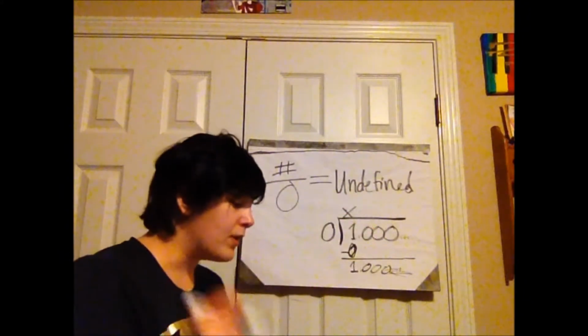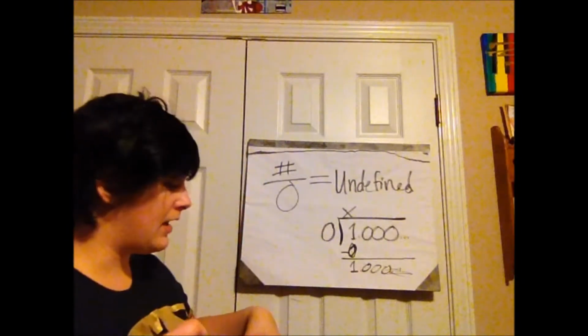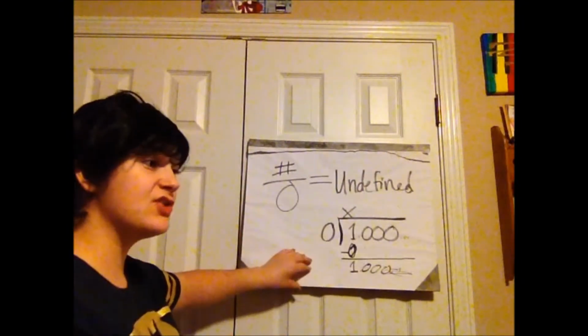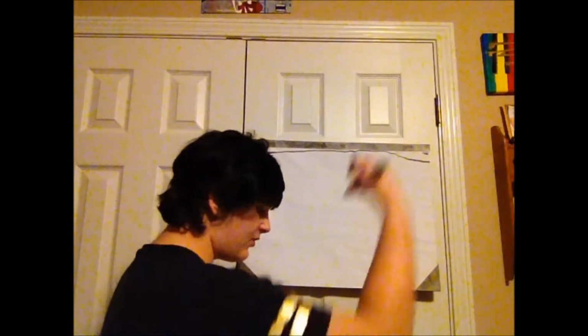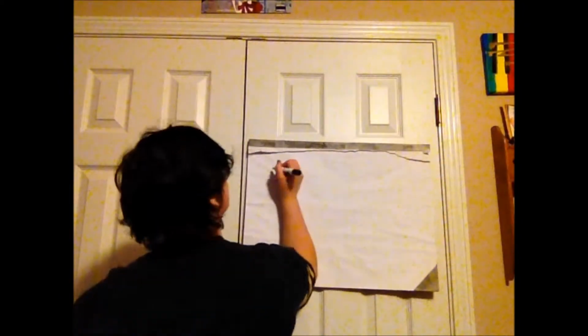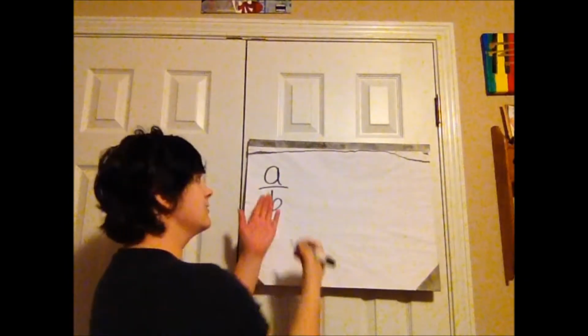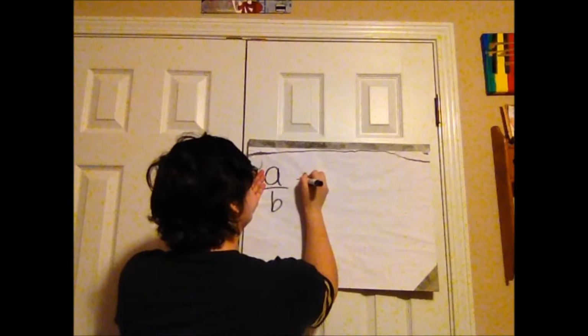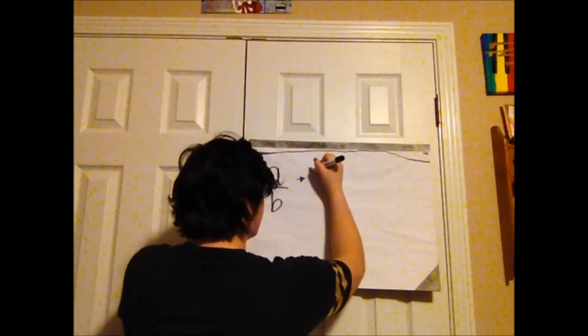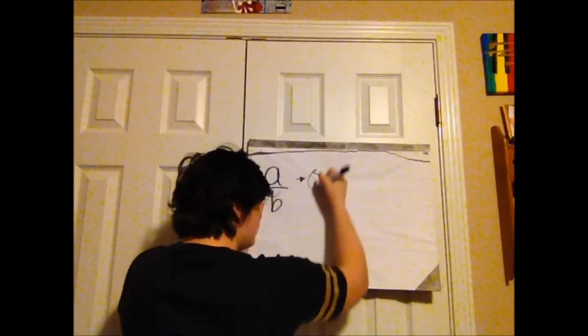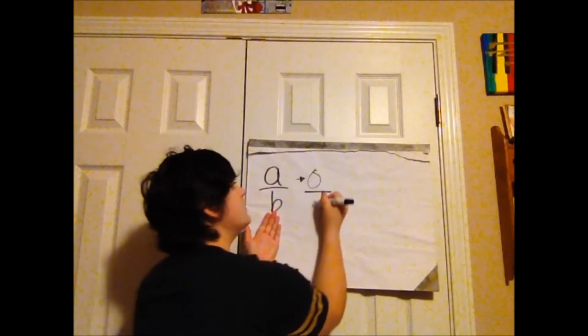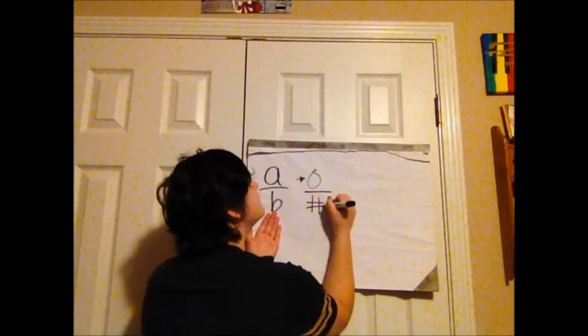Now, if you had a 0 at the top where the numerator is, like, for instance, if you had a over b, in the place of a would be the 0, and in the place of b, you would have a number.